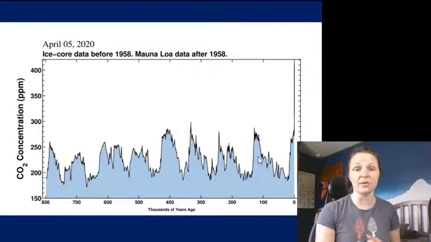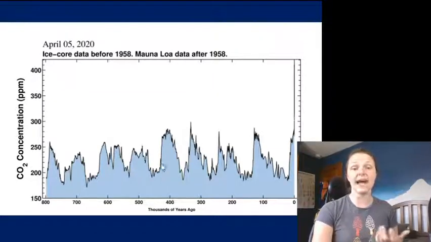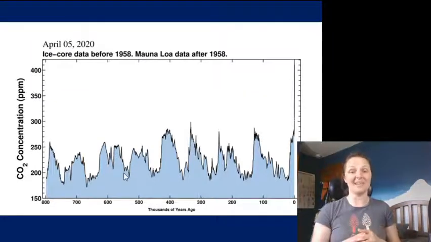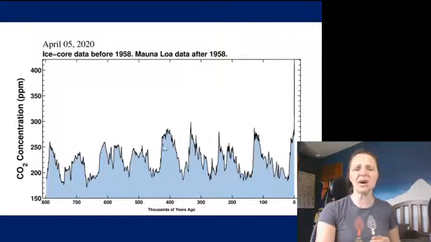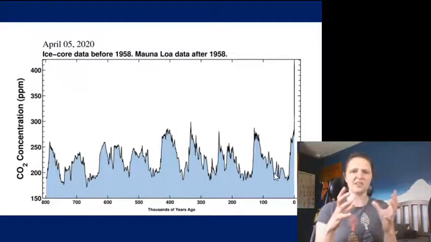which is the data set that I showed you at the beginning of this video. And you can see that there are these undulations, these cycles in CO2 that are natural. We have oscillated between warm periods, where the CO2 was the highest, and cold periods, ice ages, that happen on the time scale of every 100,000 years or so. And we actually understand why these happen. They happen because of orbital variations in the Earth.